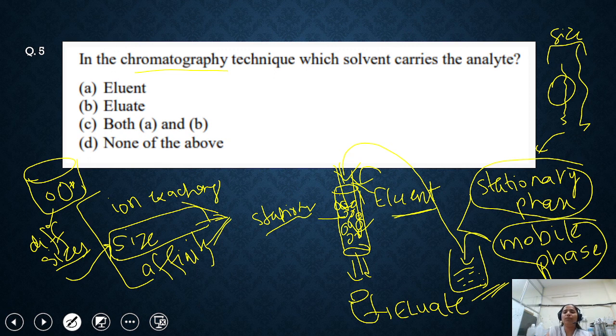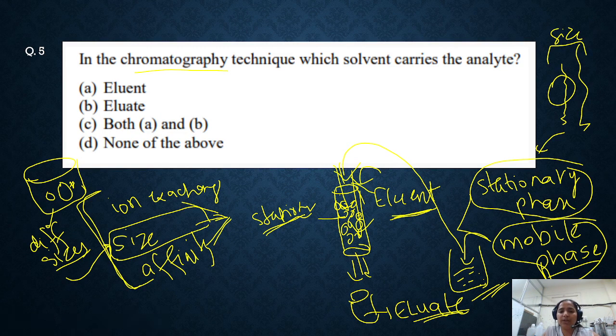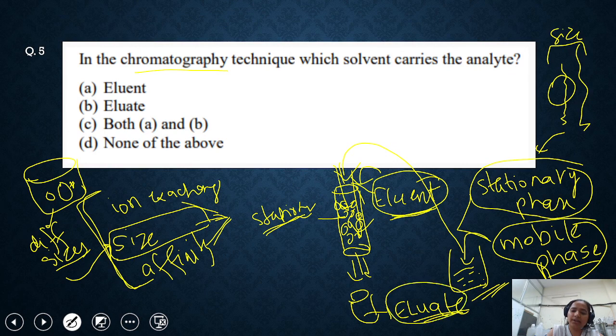So you need to know all the terms, what is eluent, what is eluate, what is stationary phase, mobile phase, and how you choose these different types of chromatography. Although you don't need to go into much detail, you need to know the very basics, and especially these terms, eluate, eluent, stationary phase, and mobile phase, how they differ.